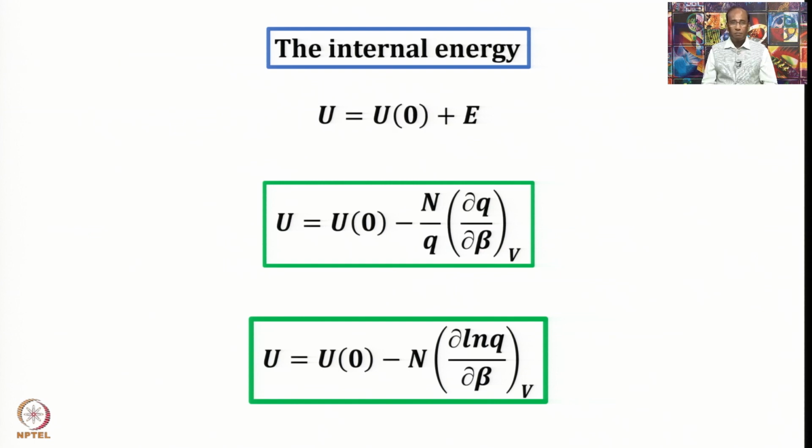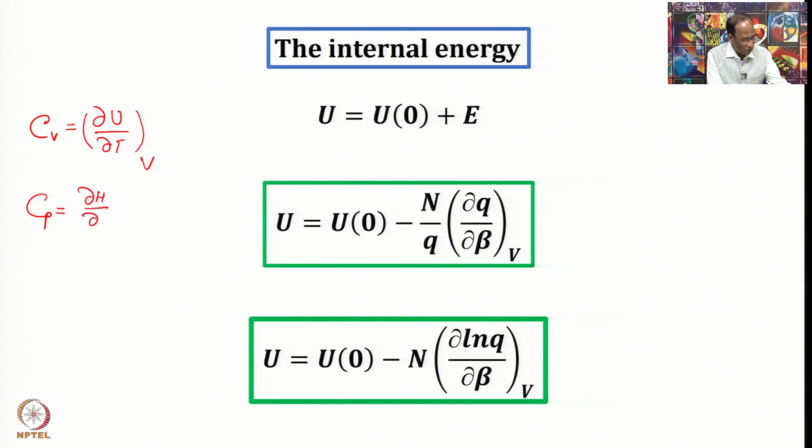Then we can think of how heat capacity can be related to any other quantities. For example, CV is equal to del U by del T at constant volume, Cp is equal to del H by del T at constant pressure. So, if I have information on internal energy, I can have Cv. If I have information on enthalpy, I can have Cp.